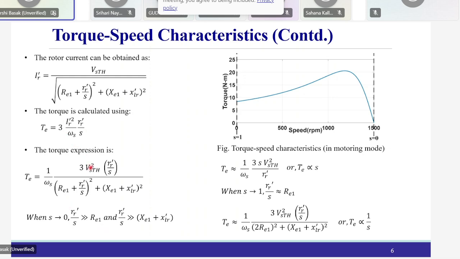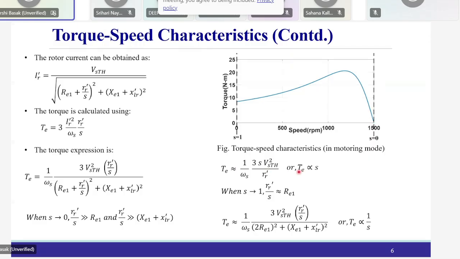And here what will happen if S tends to zero? If S tends to zero, then this portion will become very, very high as compared to the other portion, and finally it will become like a straight line.